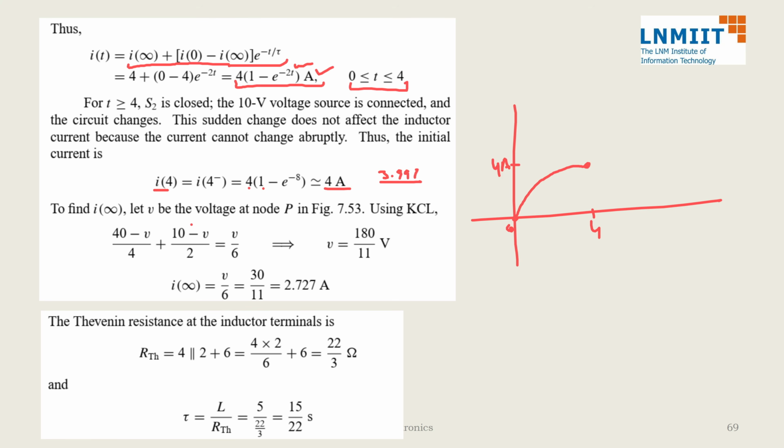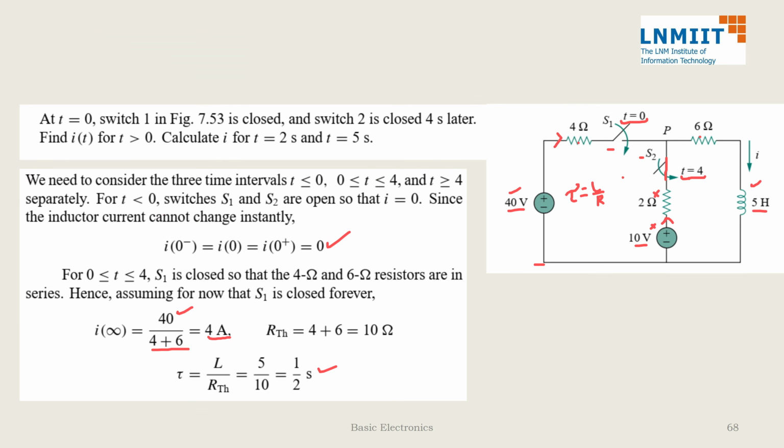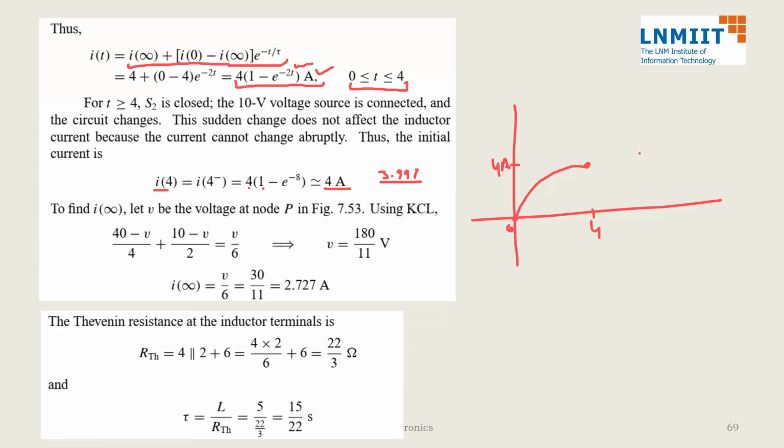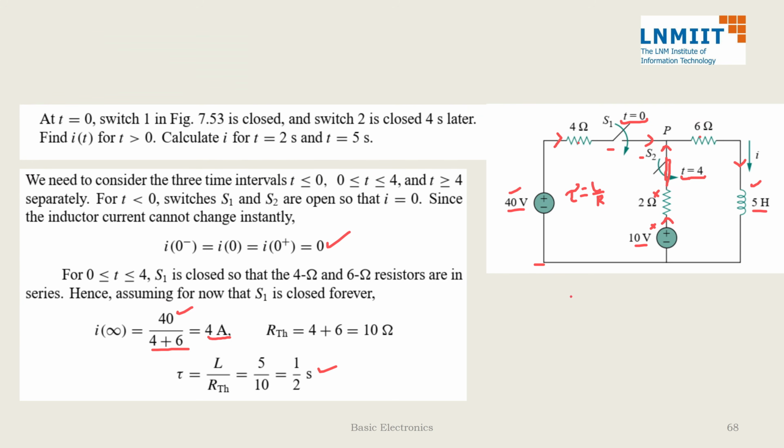Now at t equal to 4, we are providing this excitation also. So now the total current will be a combination of this effect plus this effect. So we are going to calculate our I infinity again, and that I infinity is 2.727. And for this circuit, what is our R equivalent for this inductor?